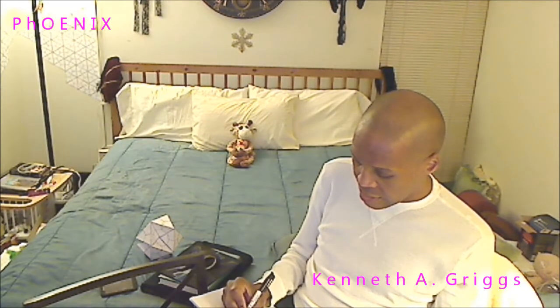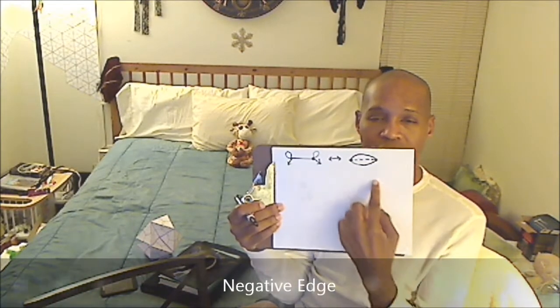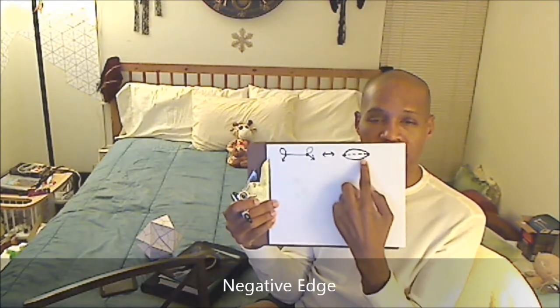But the equally valid other way of drawing it is by introducing another strange phenomenon. We won't go too much into this, but I do want to make you aware of it. It's a phenomenon called a negative edge. Okay? That structure right in the middle.